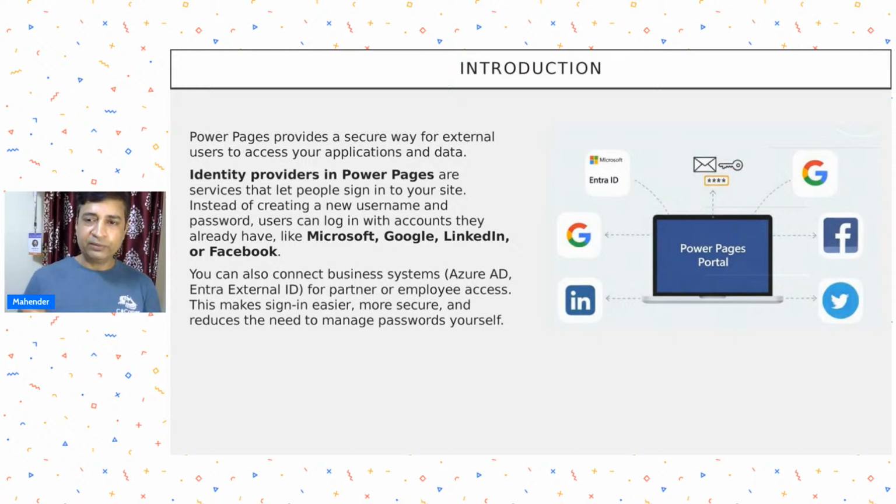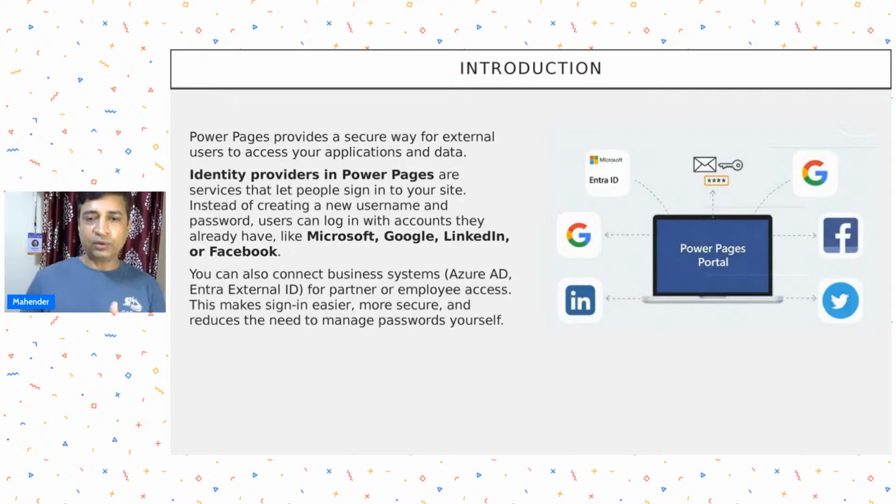Depending on whatever identity provider you use, that identity provider identifies who this user is, and whether this is a valid user authorized to access this application or not. So that is the one thing the identity provider takes care of: authentication.